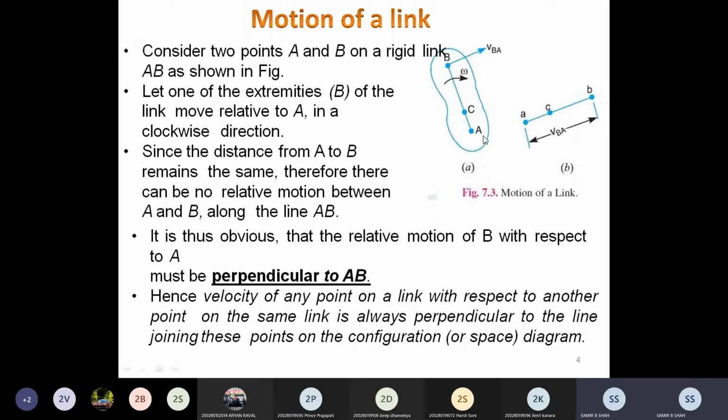Then suppose sometimes, in a slider-crank mechanism, that kind of mechanism, some imaginary line is there. If in any mechanism there are one or two imaginary lines, then it may behave in the same way. Suppose some line is horizontal, then you may treat it as a horizontal line, so we do not create that line's velocity diagram.